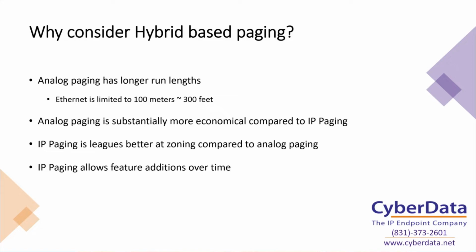You get a lot more granularity in zoning, which is just hands down better than what you can get with an analog-based system. And with an IP-based system, you can add a lot more features over time. So by combining these two, you're getting a more economical option, potentially an easier option to install, and not losing all of the things like zoning capability and feature sets that you can get with an IP-based system.